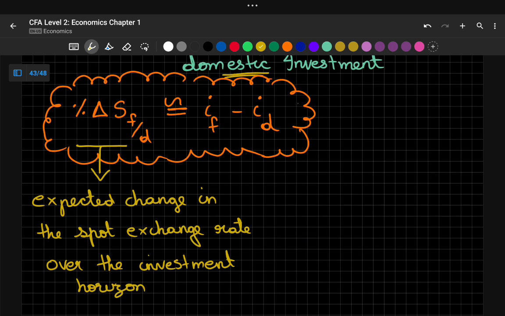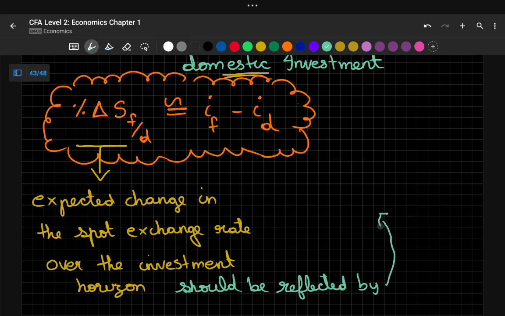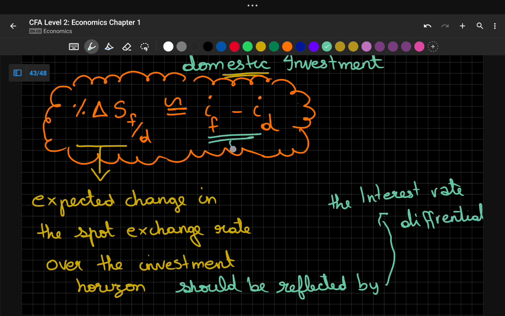It should be reflected by the interest rate differential, which is this part of the equation.